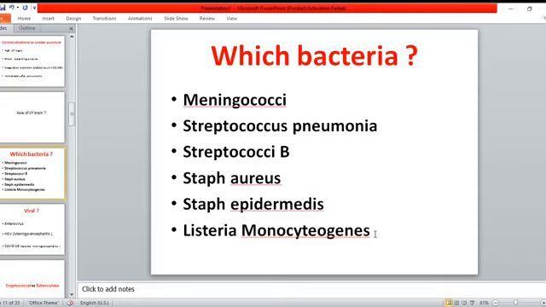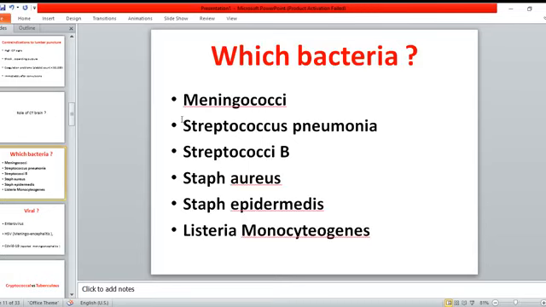Some types of this cheese may predispose to Listeria infections. So French cheese, immunocompromised, extremes of age, you have to think of Listeria monocytogenes. This is a gram-positive bacillus.